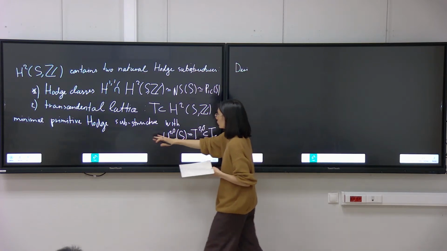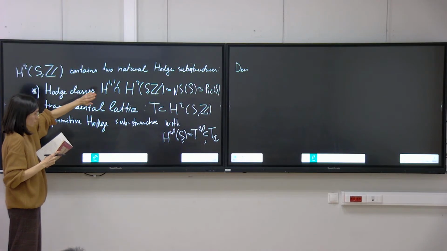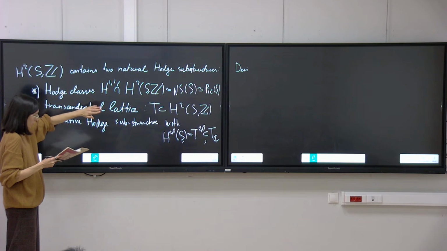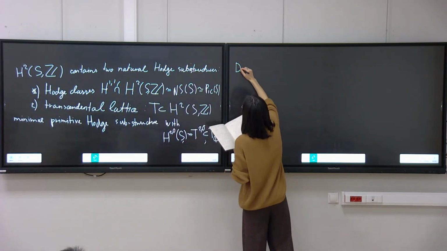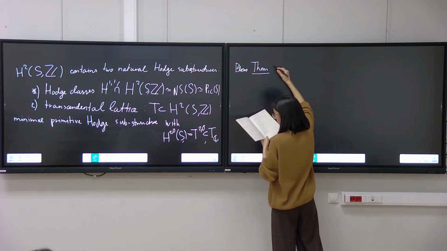But this is a very important lattice here, and I want to formulate the derived Torelli theorem just to explain why it plays so fundamental a role in the theory of K3 surfaces.